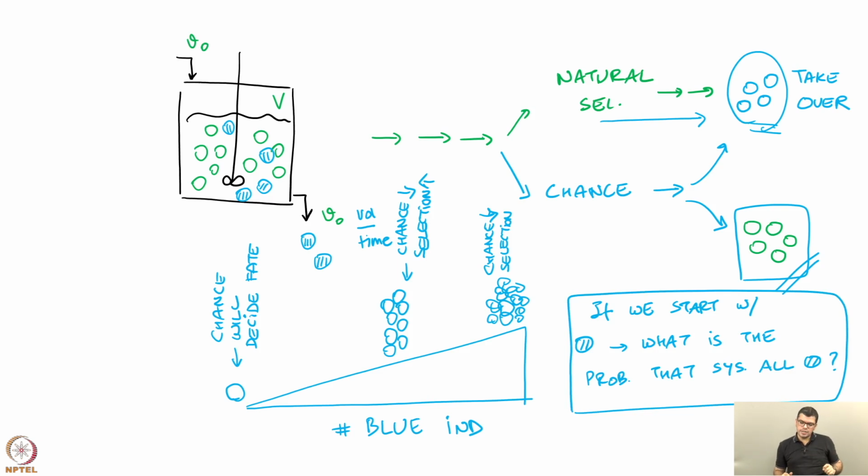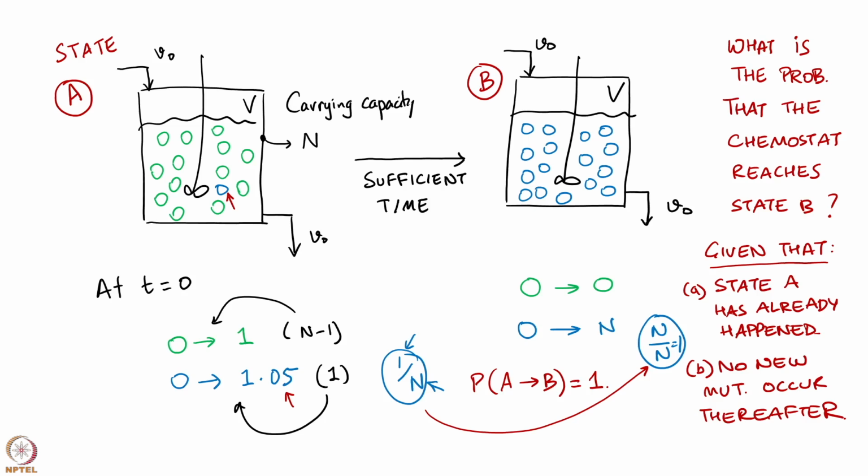And we are interested in studying the transition from one blue to all blue, because whenever a beneficial mutation occurs in the population, it is only going to occur in one individual. By definition, a beneficial mutation will only occur during a division process in one individual.